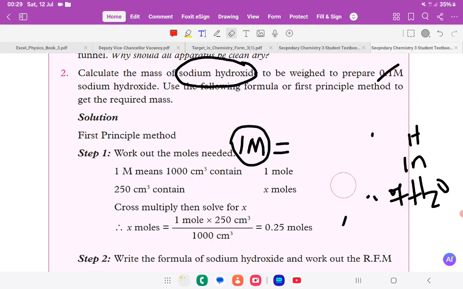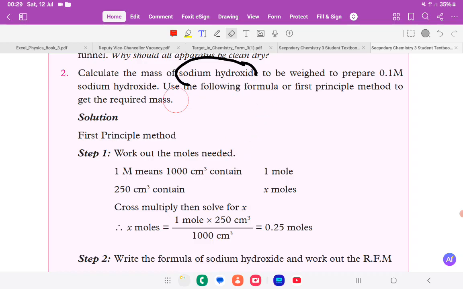Okay, but we don't need up to 1 liter. We are told to prepare only 250 mils. So if for 1 molar we need to dissolve 1 mole of sodium hydroxide in 1000 cubic centimeters, what about 250 cubic centimeters? How many moles shall it contain?